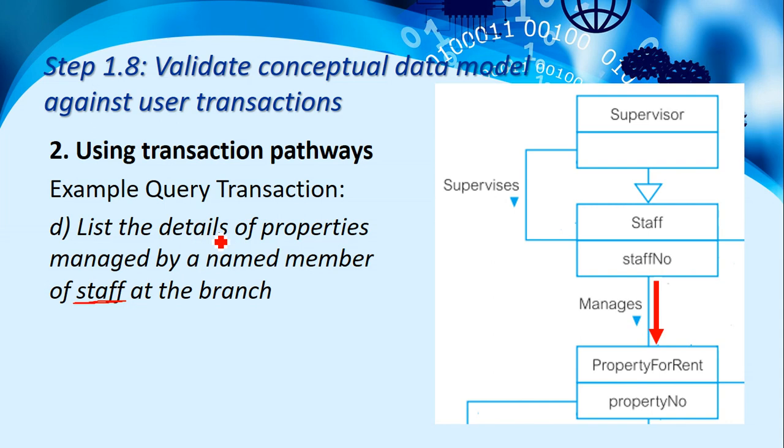So, dapat, in order for us to identify or get the details of the properties, kailangan natin munang ma-retrieve muna yung mga staff, no? And let's say for example, we have here a named member of staff, no? So for example, magke-query tayo and yung pangalan ng staff na yun is Pulano.